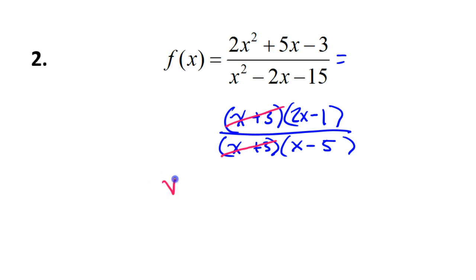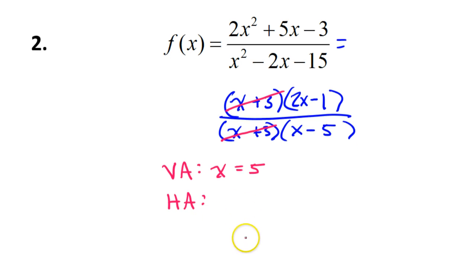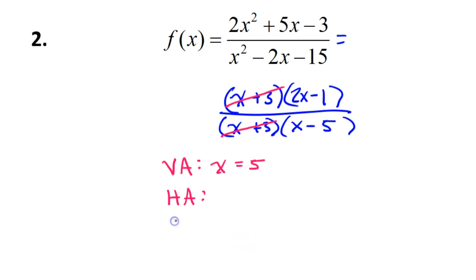We have a vertical asymptote, only one, and that's going to be x equals 5. We'll get back to horizontal asymptotes in a second. And slant asymptotes, we'll come back to that. But let's go ahead and talk about holes. There's going to be a hole at negative 3 instead of a vertical asymptote.